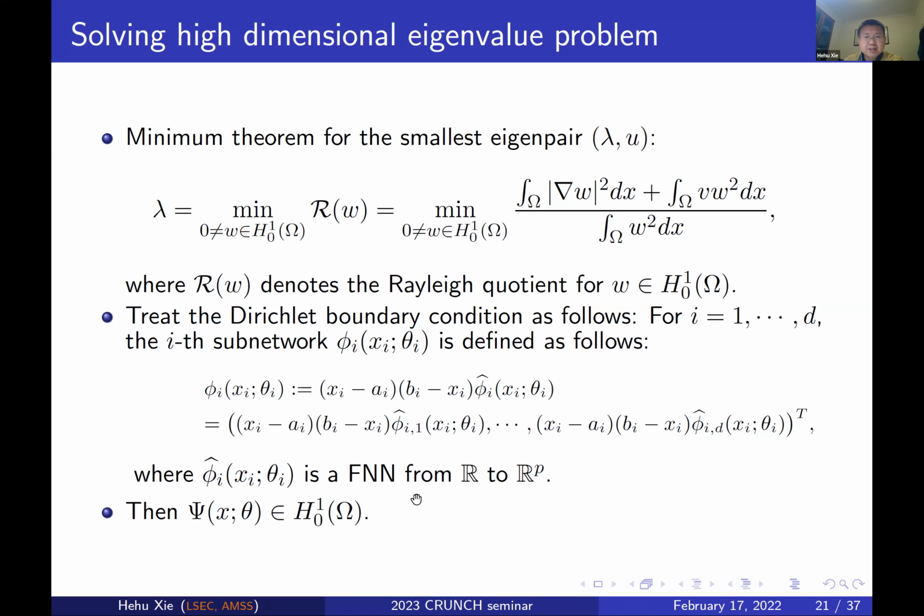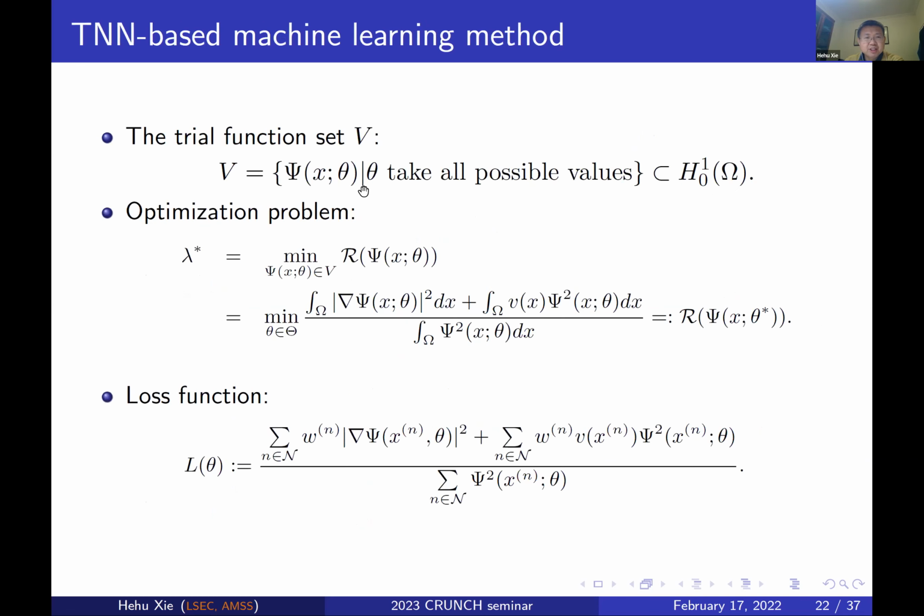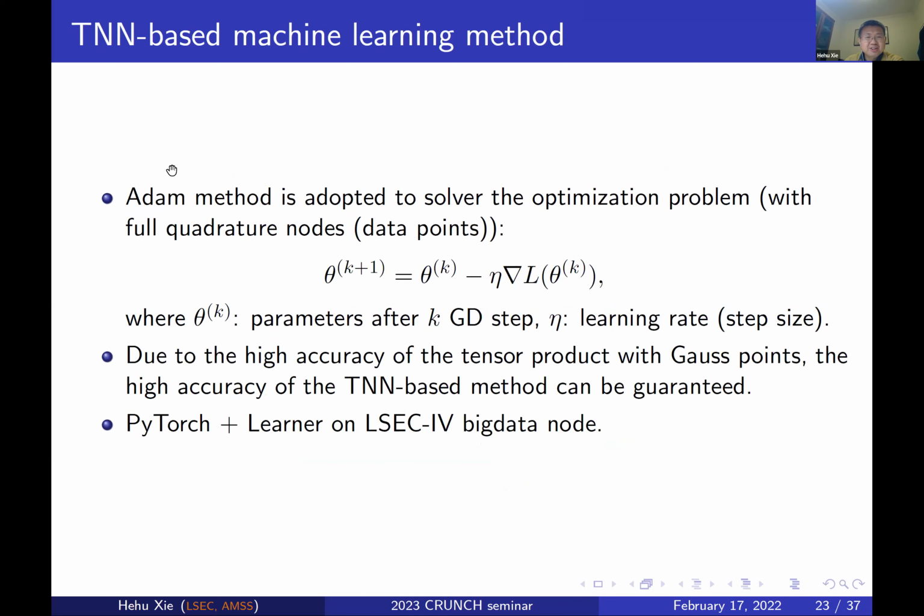And based on these definitions, we can define this optimization problem. And then if we use numerical integration, we can define this loss function for machine learning. Yes, we use PyTorch and the Learner.